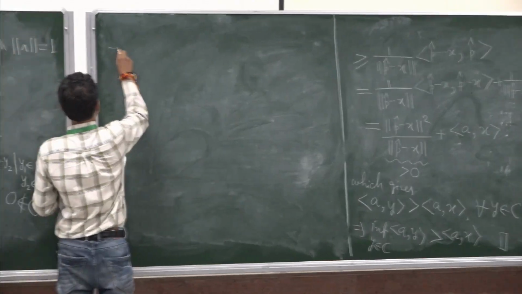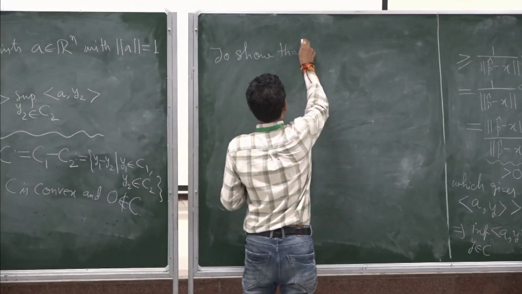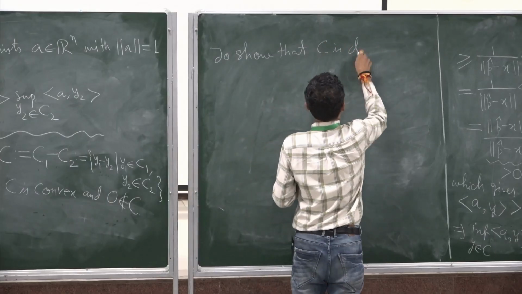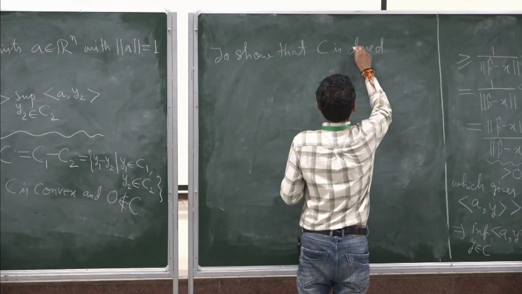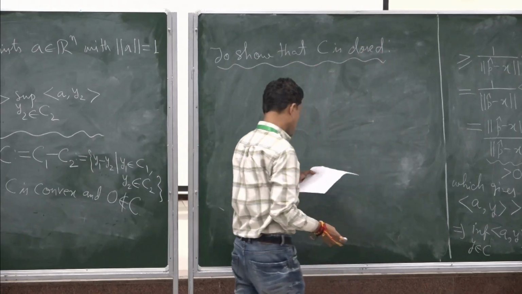So now we have to show that C is closed to apply the previous separation theorem, right?